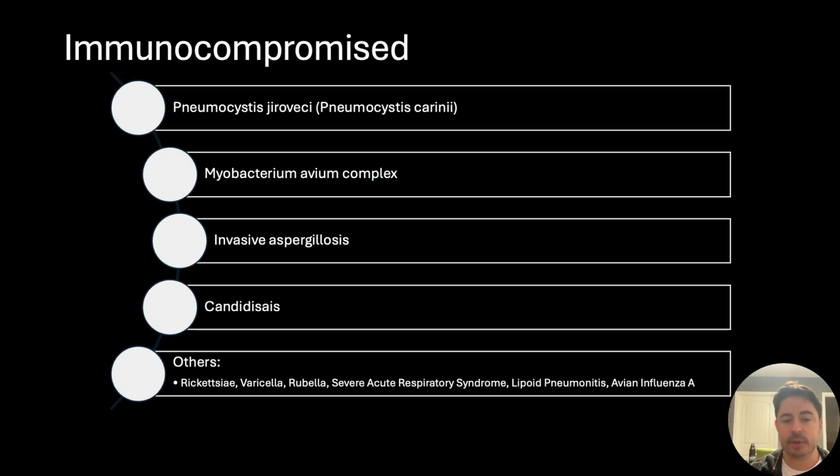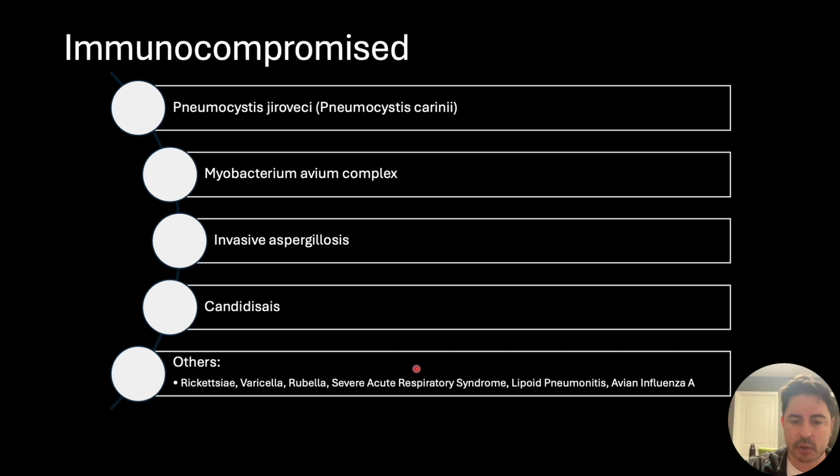Patients that are immunocompromised, I brought this up a couple of times, have more of a risk to get pneumonia, and there are a number of different pneumonias that you can see here. We have a number of different infections or sources of infections, especially for the patients that are immunocompromised.